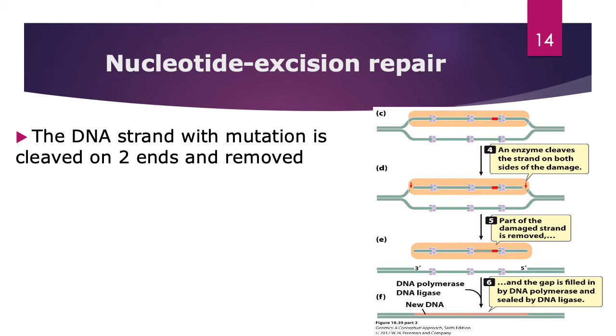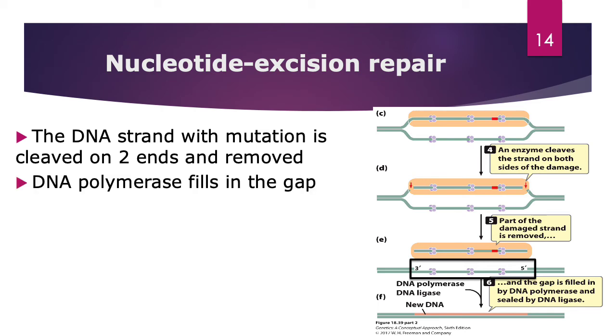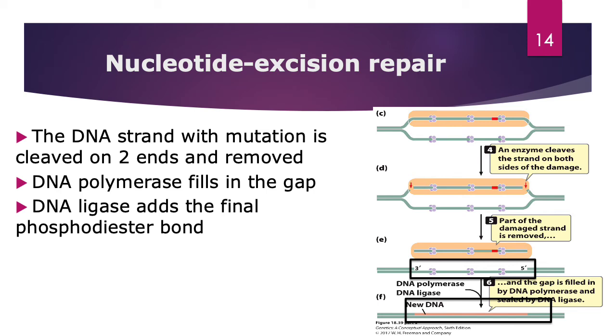Once the DNA is single-stranded, the DNA strand that has the mutation is cleaved on two ends and removed, thereby forming a big gap where you have a huge stretch of single-stranded DNA. The gap is filled by DNA polymerase, and DNA ligase will add the final phosphodiester bond, thereby repairing the DNA, and hence now there are no distortions in the repaired DNA.